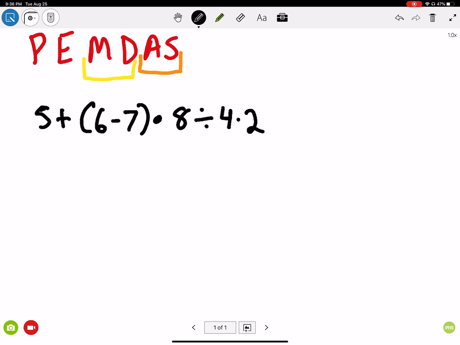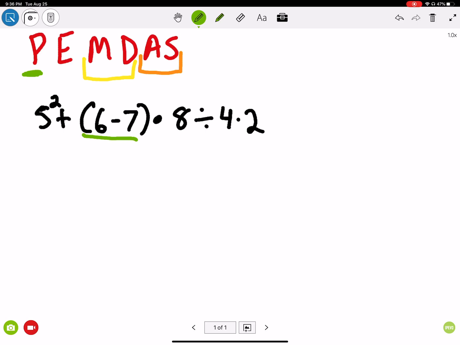Let's make this 5 squared. So, according to PEMDAS, the first thing we're going to do is look for any parentheses. Well, there's parentheses right here. Okay, that means that we should do what's in parentheses first.